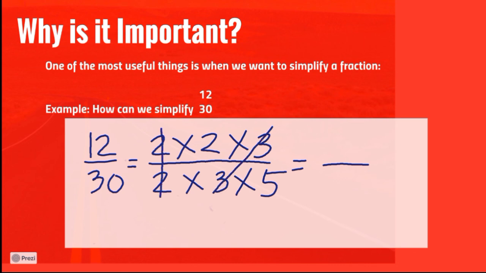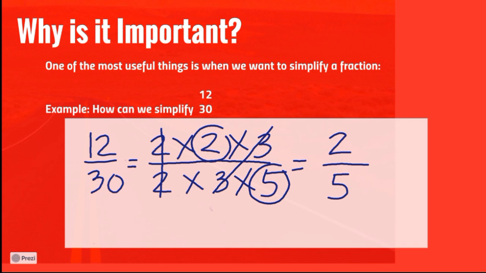So ang common dito ay yung 2 at yung 3, which is the GCF of 12 and 30. So yung natira, ano ba yung natirang prime factor sa numerator? So ang natira sa taas ay 2 at ang natirang prime factor sa baba ay 5. So the simplified fraction of 12 over 30 is 2/5.